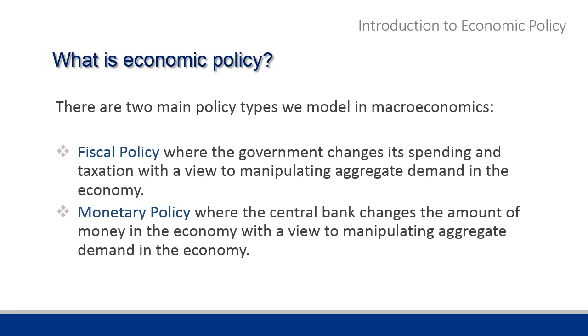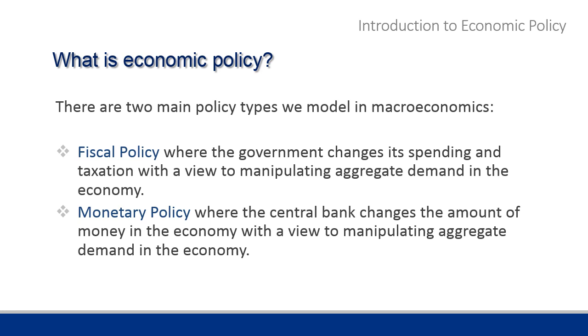Now move on to economic policy. Two main types of policy that we use in macroeconomics are fiscal policy and monetary policy. Fiscal policy is where the government changes its expenditure or taxation with a view to manipulating the level of demand in the economy, with a view to changing output or having some effect on the direction of the business cycle.